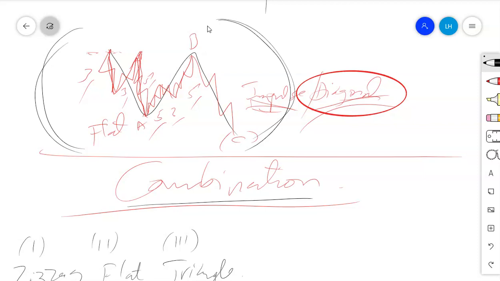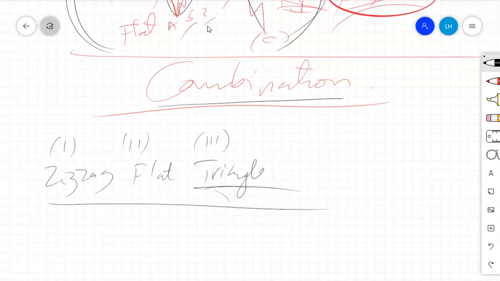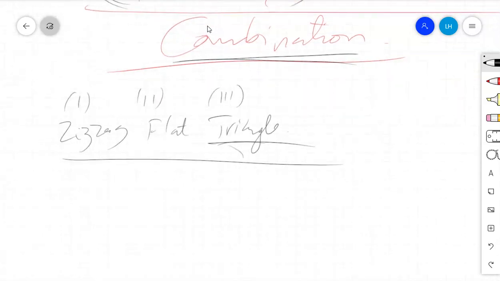I will present this last because I've already started with combination. Let me complete this first, and then I'll come back to it. It's not a lot of information, just a few concepts.